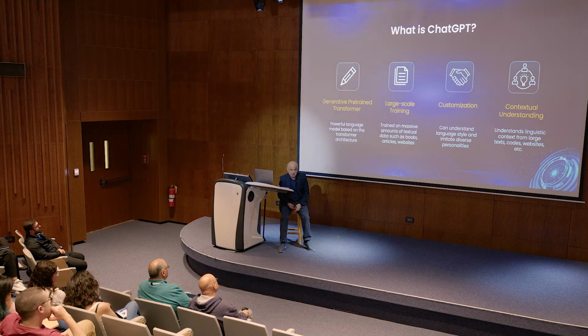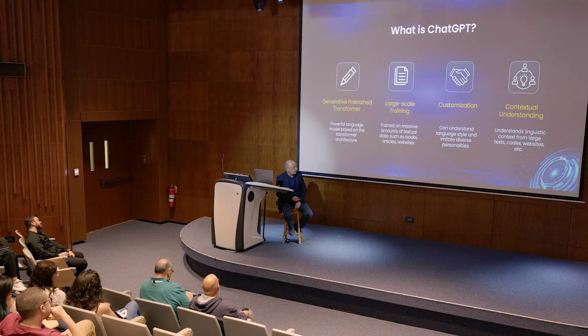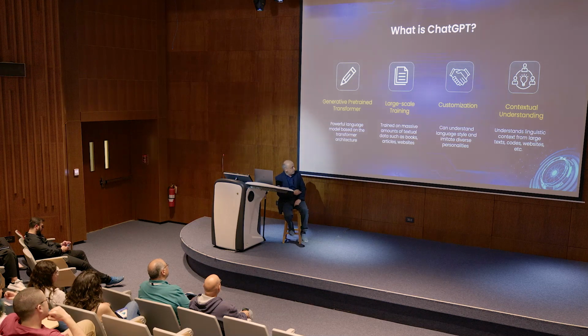For ChatGPT to reach what it is today, it was given huge computational power and massive amounts of data. This data is textual: books, articles, websites, and so on. The other thing about ChatGPT is customization, meaning it can understand language style and imitate diverse personalities. Again, this is excellent for good use, but not so excellent because you can customize ChatGPT and imitate anyone you want.